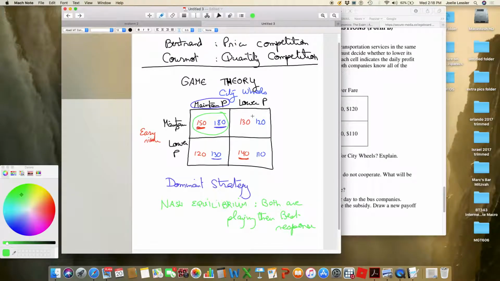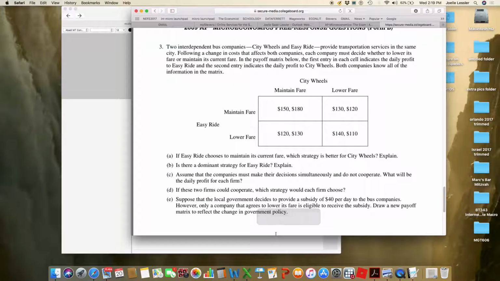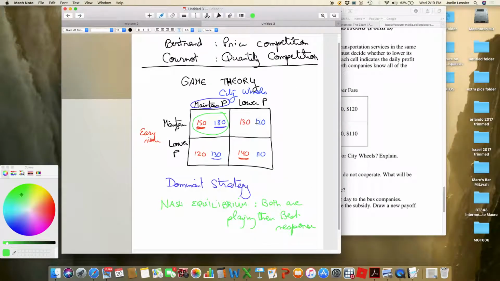Okay, so in other words, we would have to change the outcomes so that whoever lowers the fare, okay, gets an extra $40. Okay, so this is profit, right?